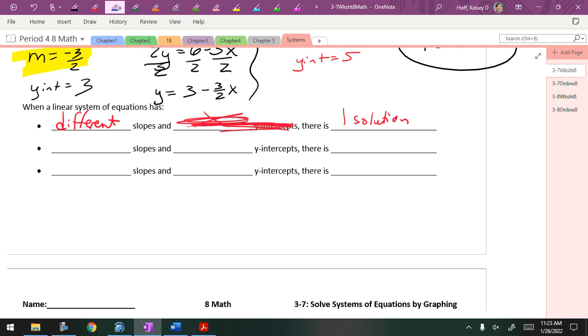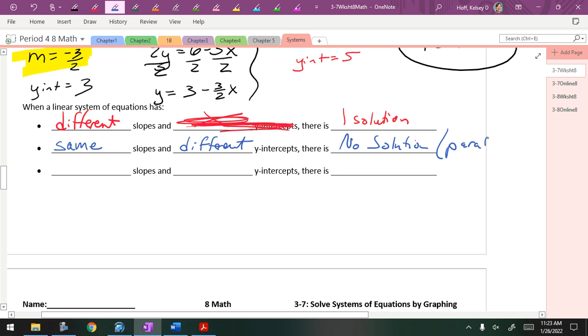If they have the same slope and different y-intercepts, their rise and run is the same, but they start at different points. There is no solution because they're parallel. And the last option, if they have the same slope and the same y-intercept, there are infinite solutions. It'll look like one line when you graph it.